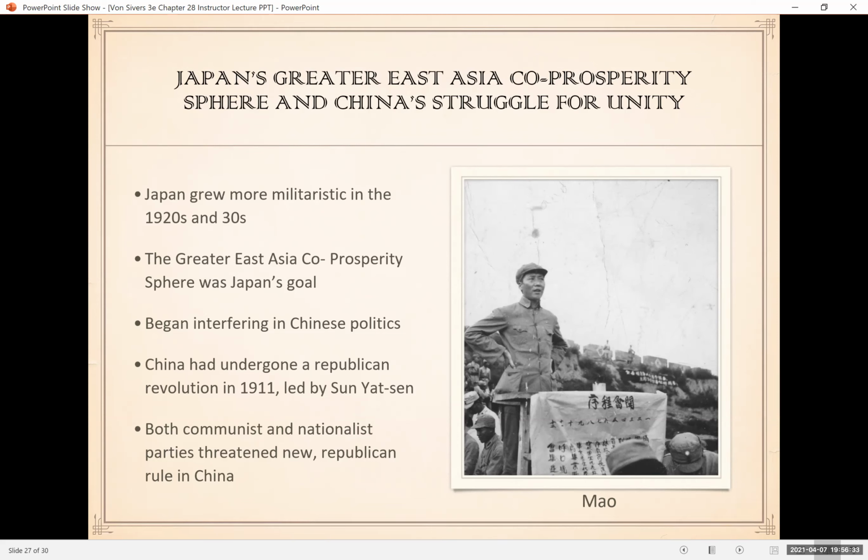And so Japan is going to come up with an idea. They are going to market it as anti-colonialist, that we're going to get the Europeans out of Asia once and for all by forming what Japan would call the Greater East Asia Co-Prosperity Sphere.